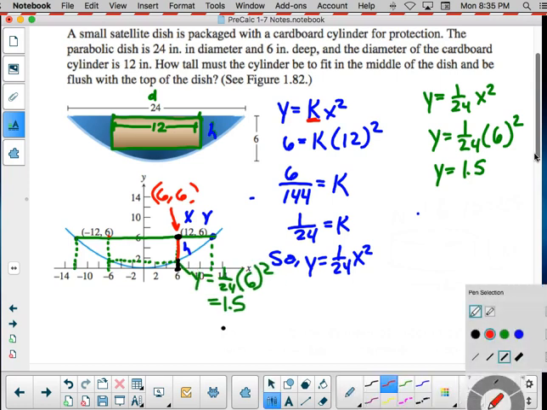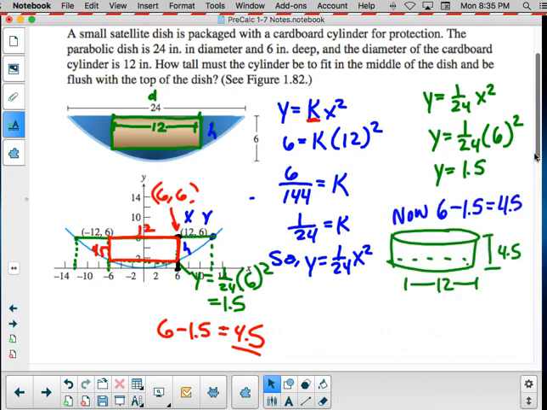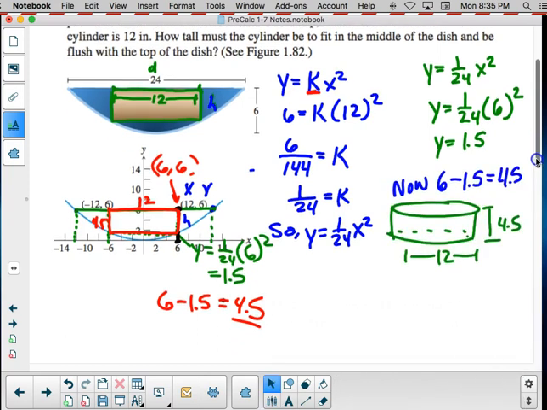And I know 6 minus 1.5 gives me 4.5. So that is the height of my disc inside. So this is going to be 12 by 4.5. That's how I found my 4.5.